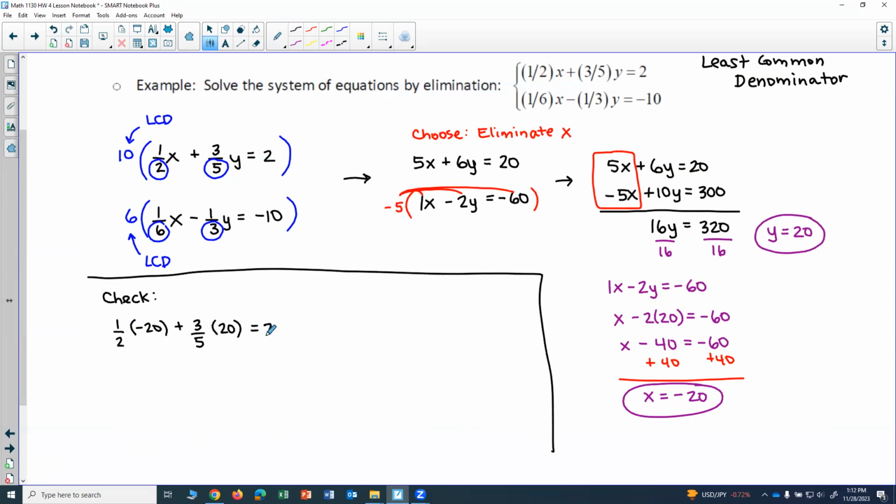That has to equal 2. And my second equation is 1/6 times negative 20 minus 1/3 times positive 20 has to equal negative 10.